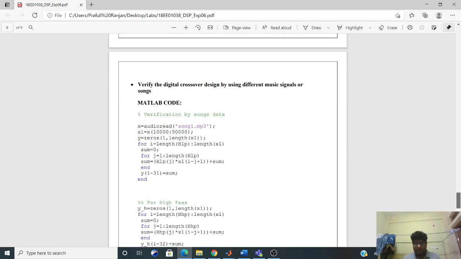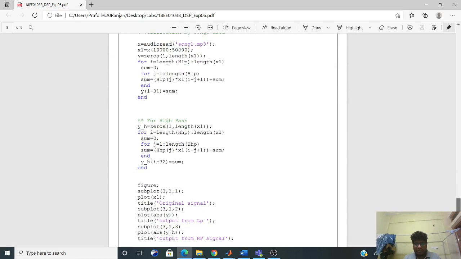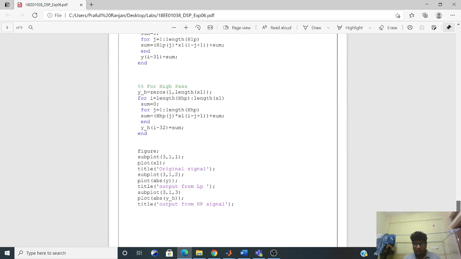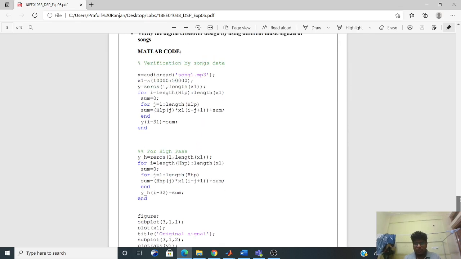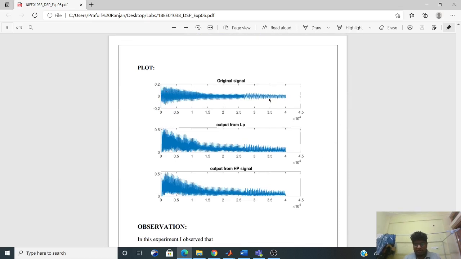Now let's move to the verification of the digital crossover design using different songs. This is the equation: I have convolved h of w with x to find y for both the low pass filter and the high pass filter, and these are the results I have got. This is my original signal, taken from samples 10,000 to 50,000, this is the output for the low pass filter, and this is for the high pass filter.